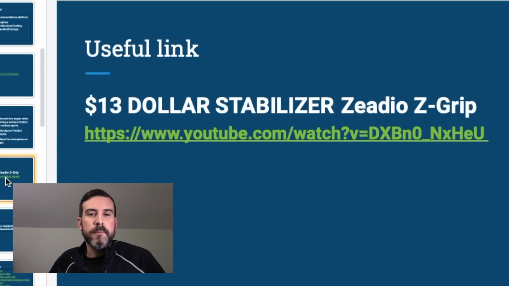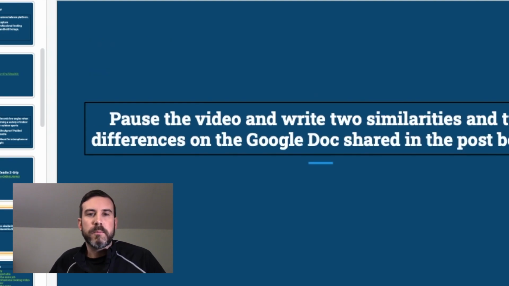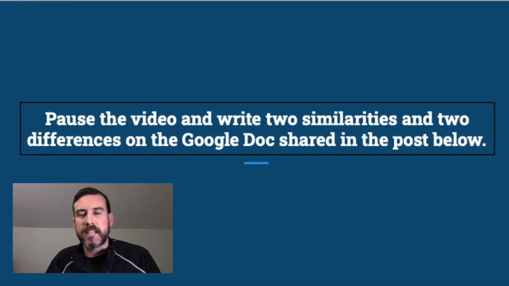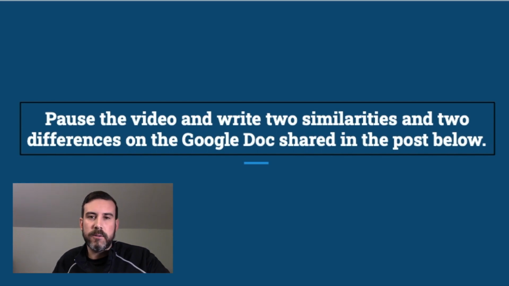Open that Google Doc, put your name, and put your similarities and differences that you found with the two stabilizers. Use the videos that I've just shown you. You can go back and look at my slides or the Google form and pick out two similarities and two differences. So do that now, and I will be right back.